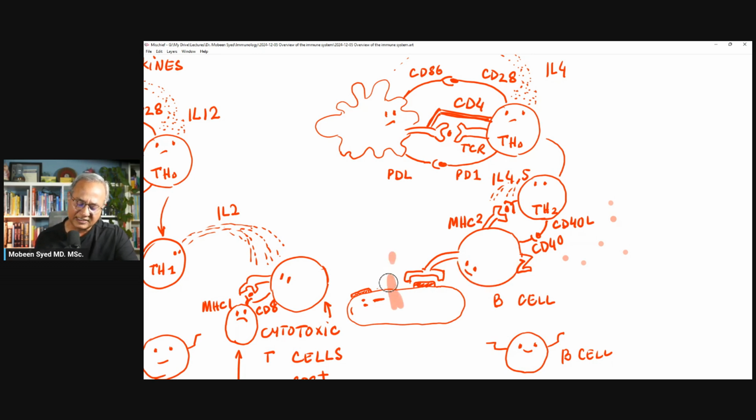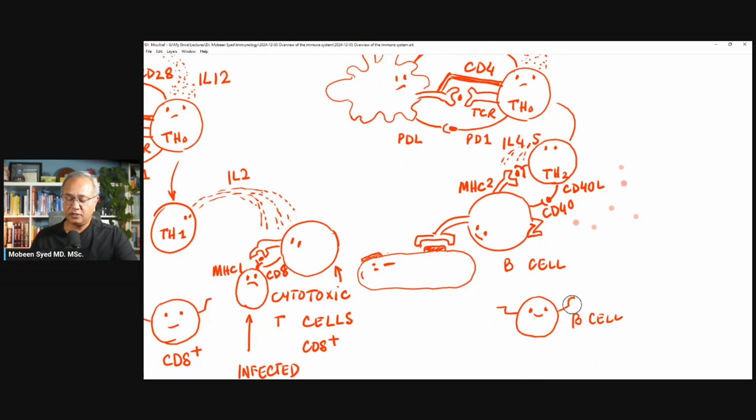There may be more B cells bound to it, but I'm just making one for clarity. What this B cell would do is that it would phagocytose it. B cells are professional antigen-presenting cells as well, in addition to making antibody cells. So they pick up the pathogen, they eat it up just like macrophages and dendritic cells, and then they present it on their MHC2 molecule.